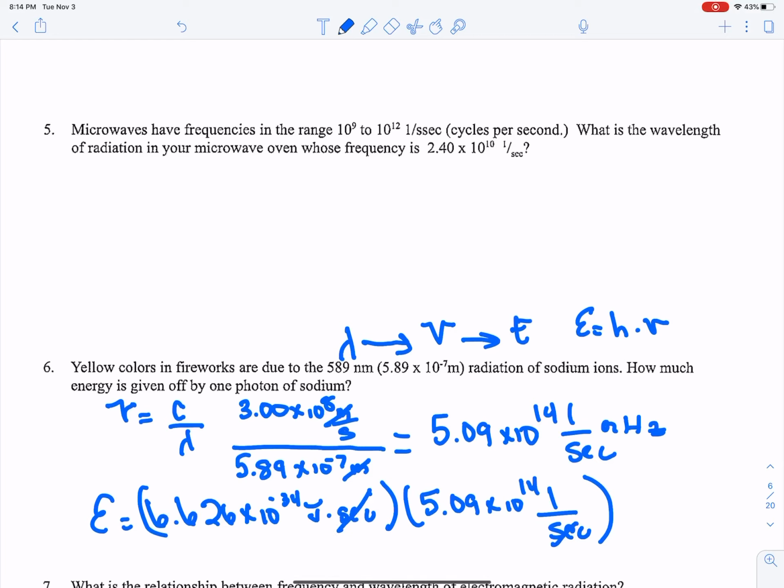Cancel out seconds. When you multiply them, 6.626 E to the negative 34 times 5.09 E to the 14, cancel out seconds, and with 3 sig figs, it is 3.37 times 10 to the negative 19 joules. And that's what it would be in energy.